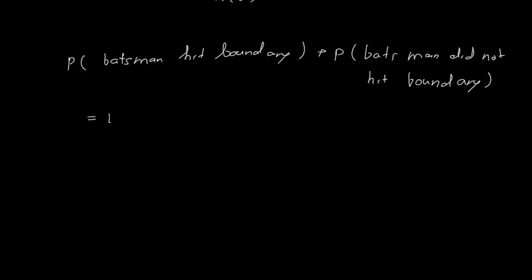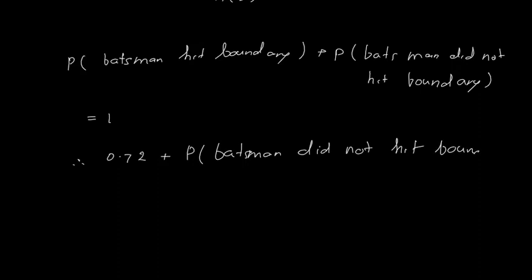Therefore, the probability of the batsman hitting the boundary is 0.72 plus the probability that the batsman did not hit the boundary is equal to 1.